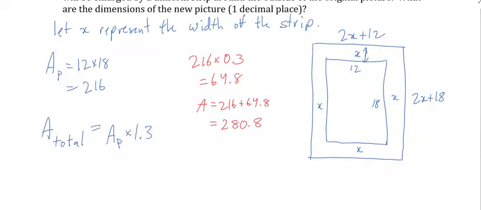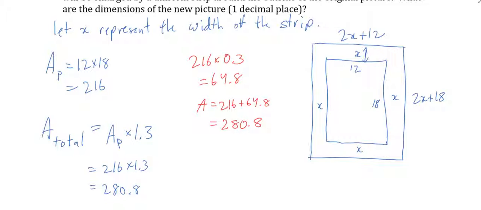And if you multiply 216 times 1.3, tell me if you get the same thing. Yep, 280.8. That's a little bit easier, saves you a step. These are the only ways of doing it, don't try anything else. Okay? Be careful of that.